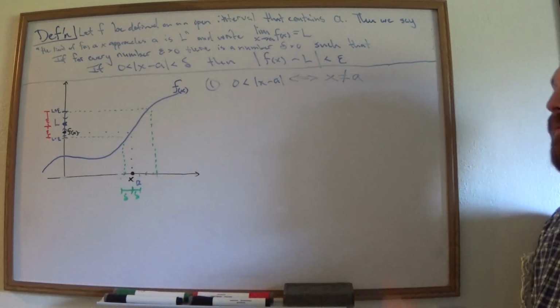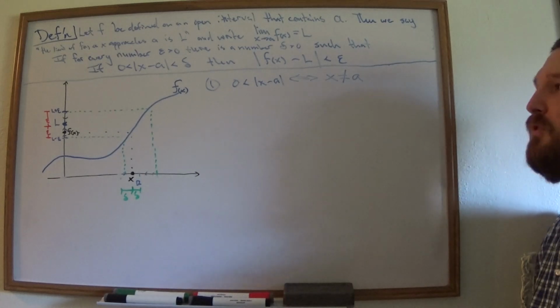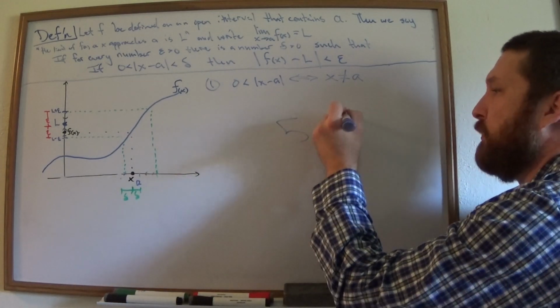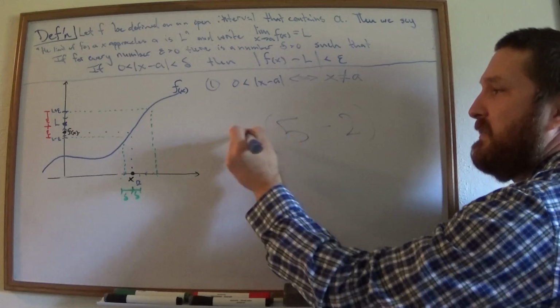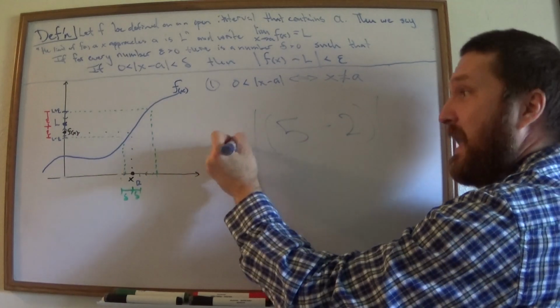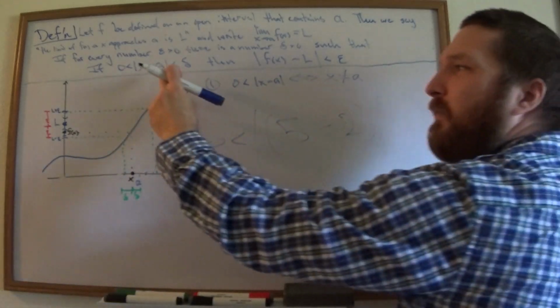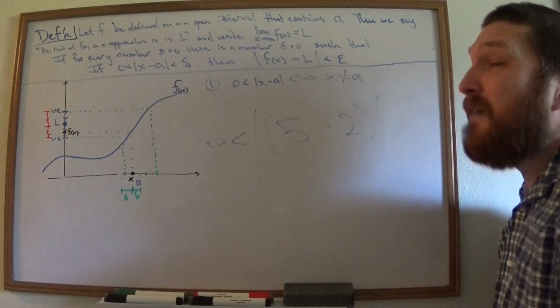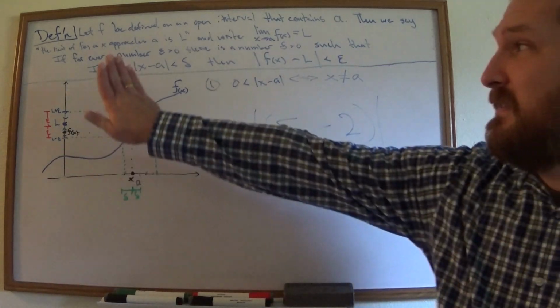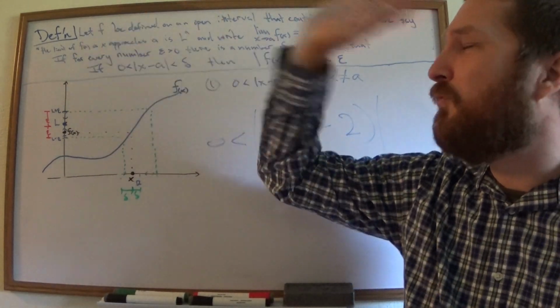But when x is not equal to a, that's always true. Give me any two numbers that aren't equal, 5 and 2. Subtract them from each other. Take the absolute value. Is that bigger than 0? Yeah, the only way it can be. So all that whole left-hand part there, and in fact, in many books, you won't even see that part because it's really not needed.